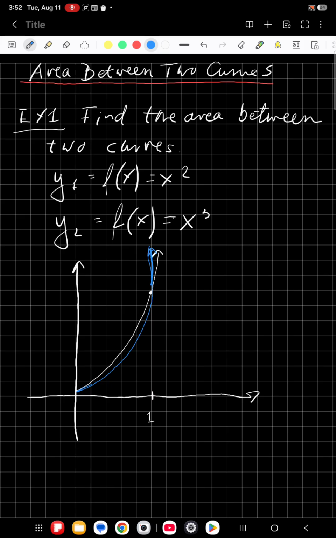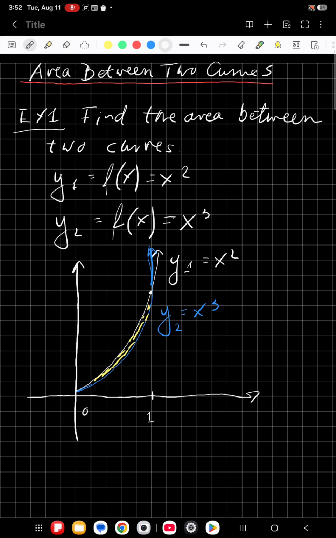So the blue one is the cubic function, y2 equals x cubed, and the white graph is a parabola, y1 equals x squared. The area we're finding is the area between those two curves, and it is between 0 and 1.